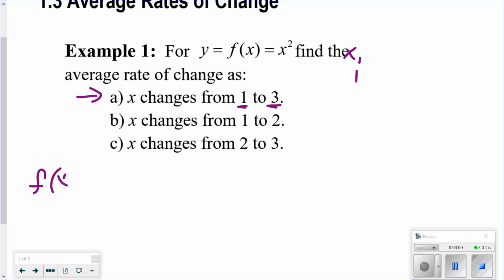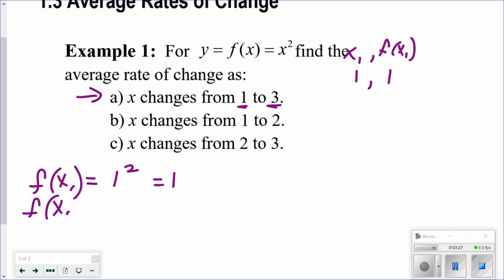So f of x1 will be 1 squared, right? I plugged 1, my x1, into the function, and 1 squared is 1. So that would make f of x1 equal to 1. Now for f of x2, I'm going to plug the 3 in. I have 3 squared, which is 9.